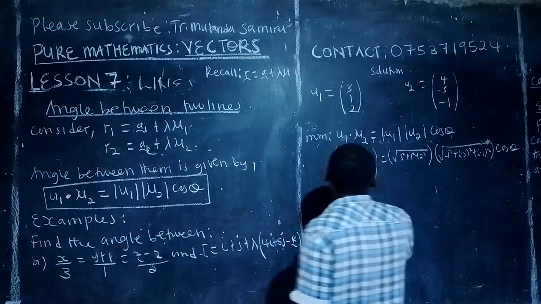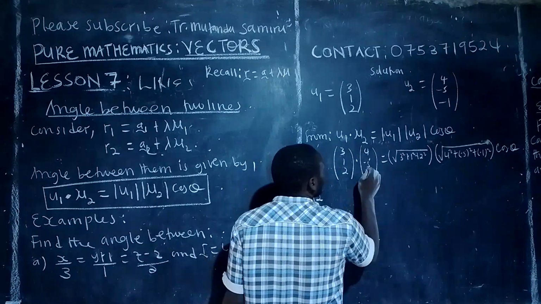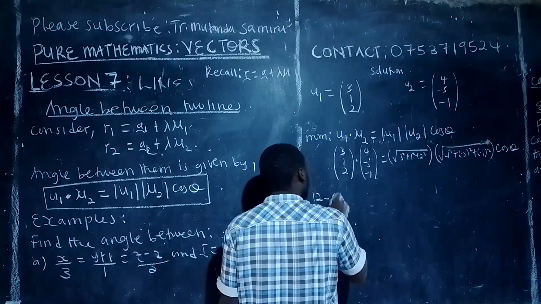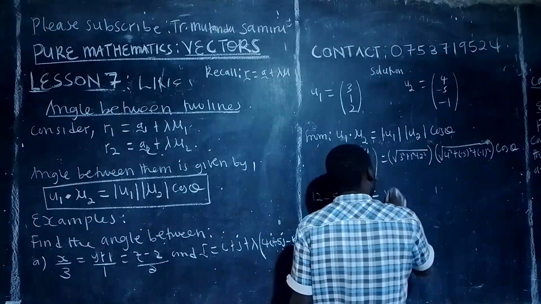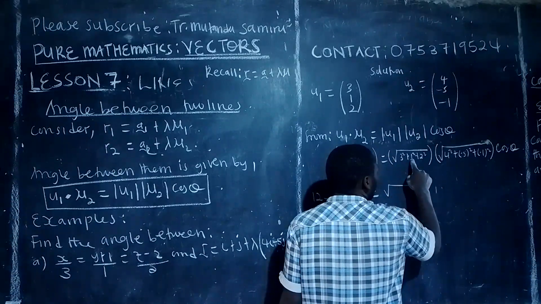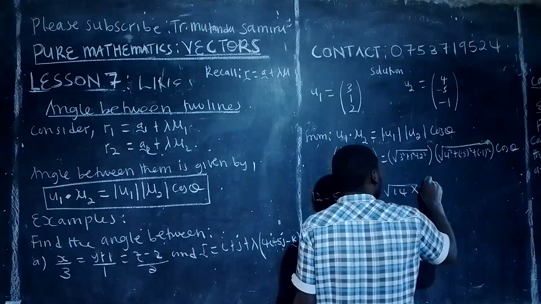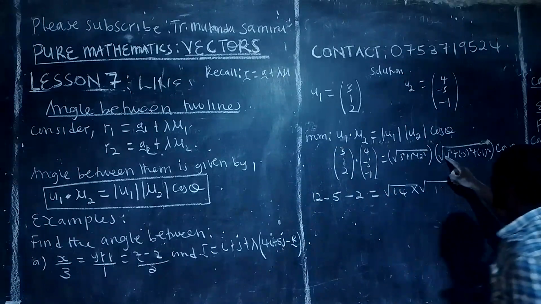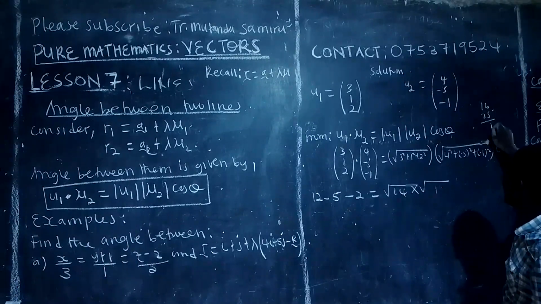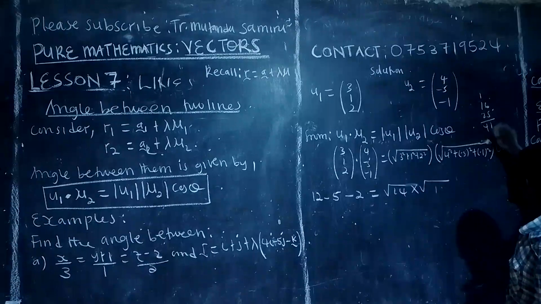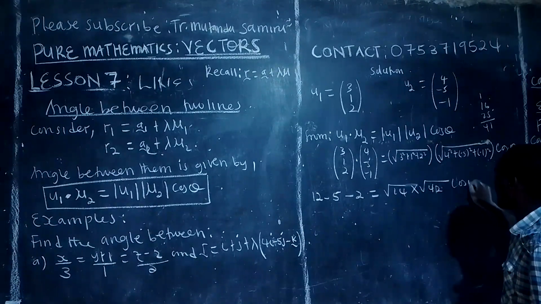So 3 times 4 is 12. Then 1 times negative 5 will be negative 5, minus 2. On the right, you shall have the square root of 3 squared plus 1 plus 4, which is 14, times the square root of 16 plus 25 plus 1, which is 42, times cos of theta.